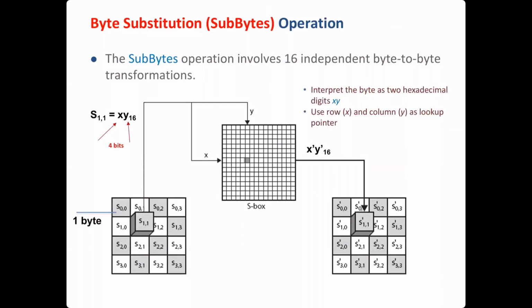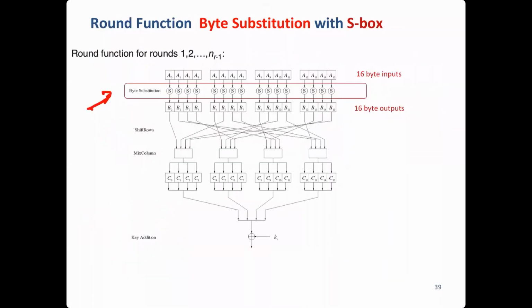Basically, when we say byte substitution, we are transforming this one into the one here, right? So 128 bits of input transforms into 128, but we are splitting this.